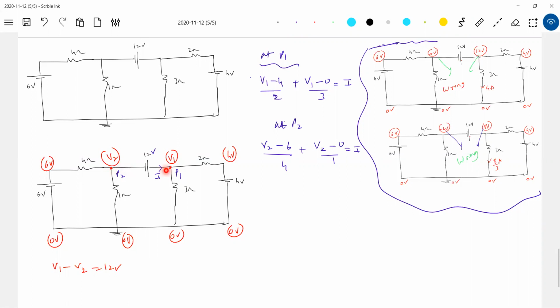Will you agree to this much? So shall I go for minus I or plus I?